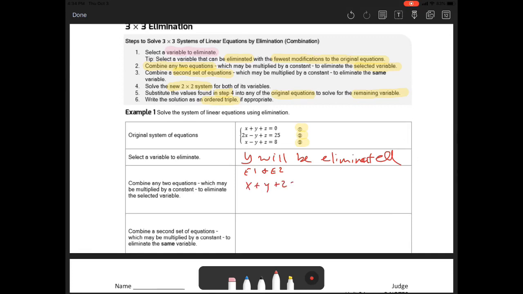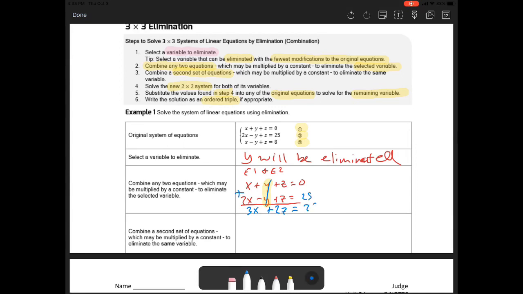So my equation 1 is x plus y plus z equals 0. And equation 2 is 2x minus y plus z equals 0. So if y'all notice on that, guys, I can instantly do elimination because my y's are already opposite. So that means I'm going to end up with 3x, y's cancel out, plus 2z equals 0.